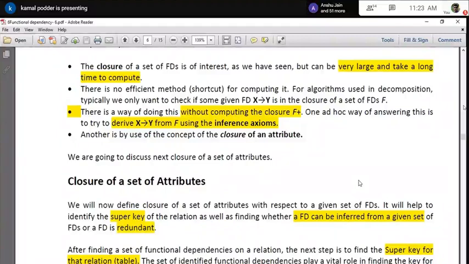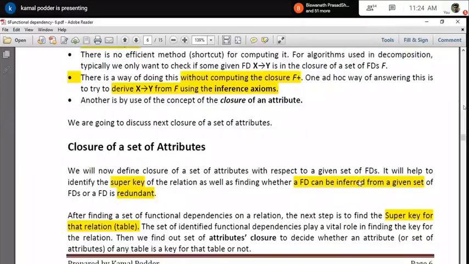That is the reason I will not invest time in this lengthy procedure of finding the closure, because if you find the closure and write the set, then by seeing the different FDs you can easily infer which FDs we do not require, which are redundant. But generating that closure is time consuming. That is the reason we sometimes take a different technique.